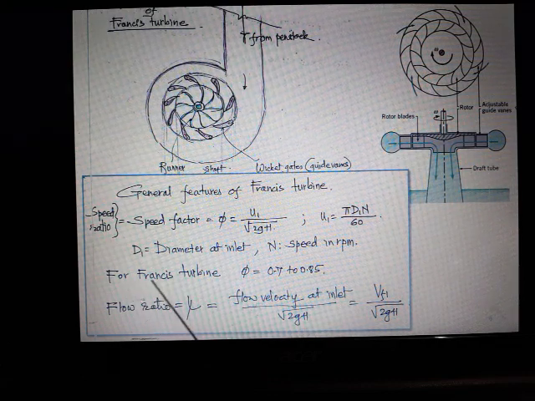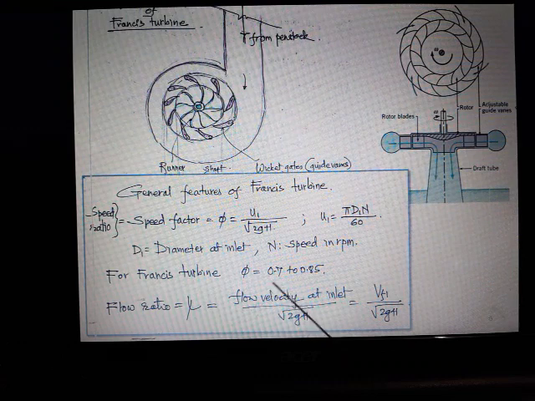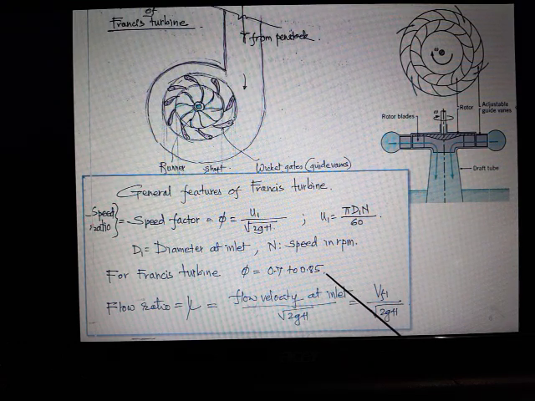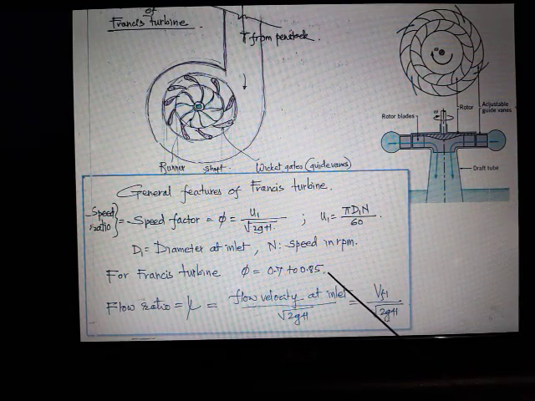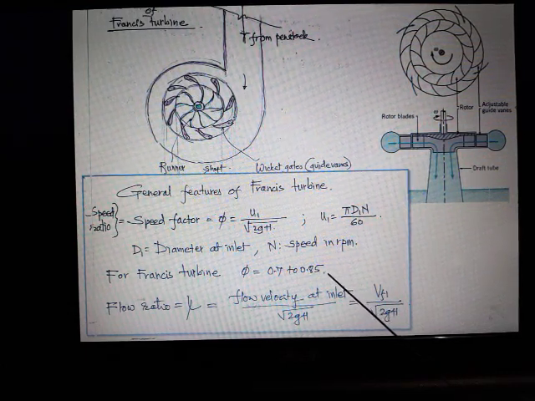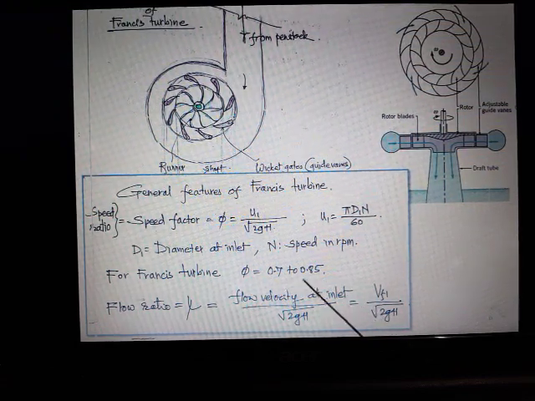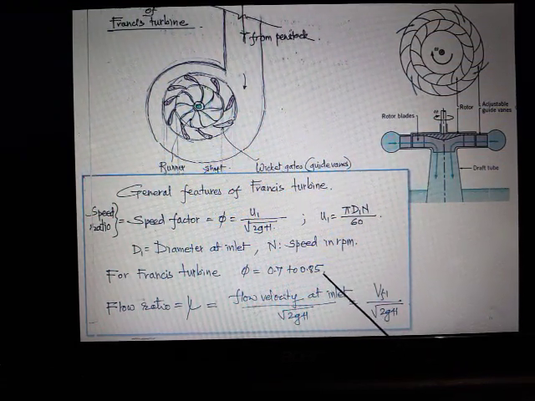So for Francis turbine, this speed ratio or speed factor is taken as 0.7 to 0.85. If you remember, in impulse turbine we used to take Ku as 0.43 to 0.47. So here it is much larger.